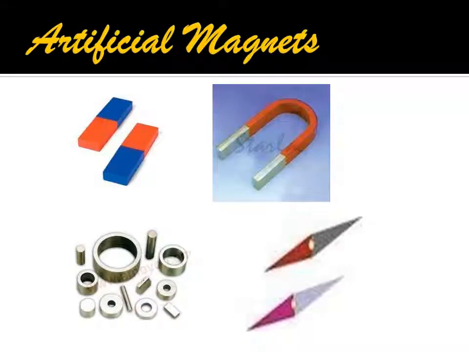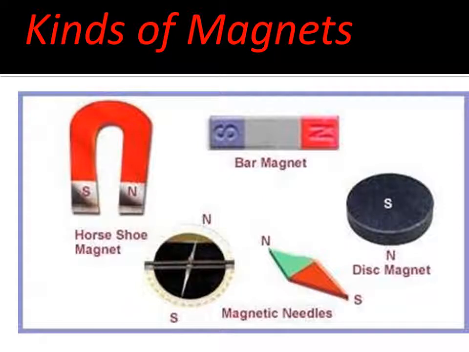Now we will talk about artificial magnets. As we know, they come in different shapes. This is a bar magnet, this is a horseshoe magnet, and we have other magnets also. The horseshoe magnet is shaped like a horse's shoe. It has a south pole and a north pole. The bar magnet is rectangular in shape.